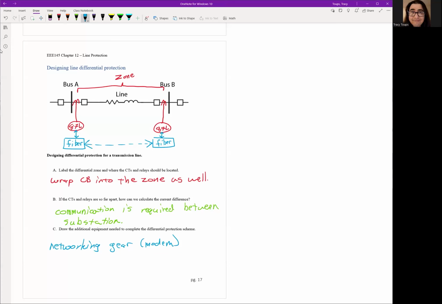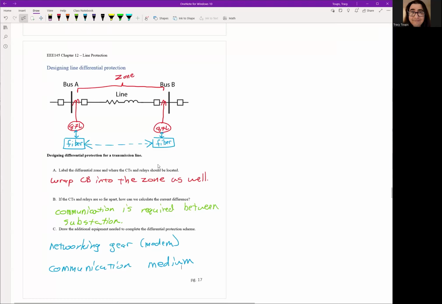Okay, so we had to install some networking gear at the substations. We also need that communication medium.